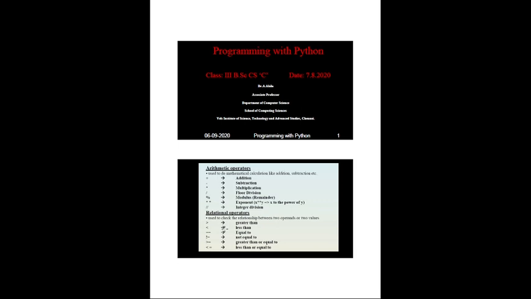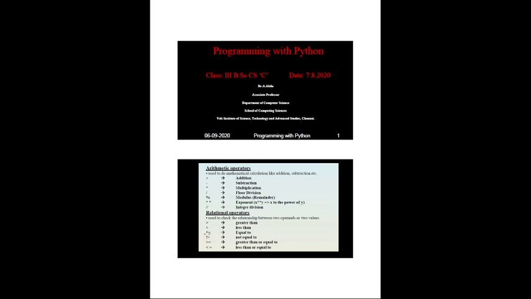This relational operator will return either true or false. So it is greater or not, it returns a boolean value. Then we have less than. If the first value is less than the second value, it returns true, else it returns false.